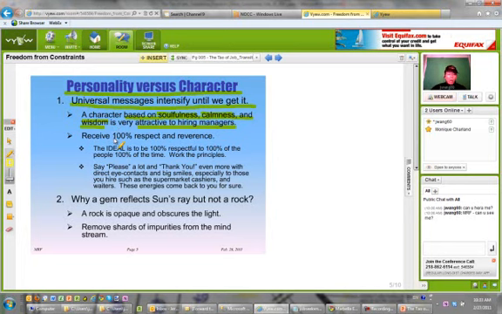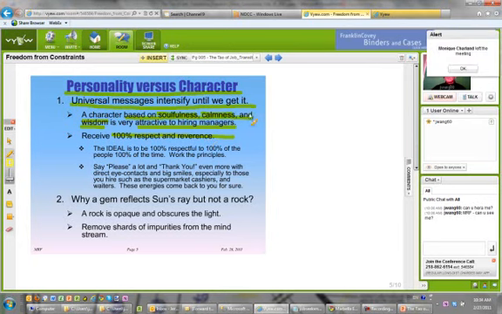So what is our goal? Our goal is to receive 100% respect and reverence during the job interviews and at all times. That's the goal. Okay? That's what we want. We want to establish instant stature. And usually it's by establishing who we are. By being who we are, and then saying the right thing, knowing the right knowledge, having the right attitude.